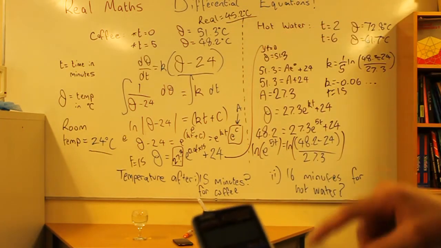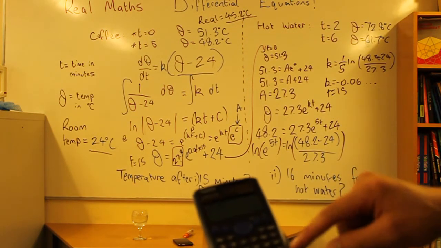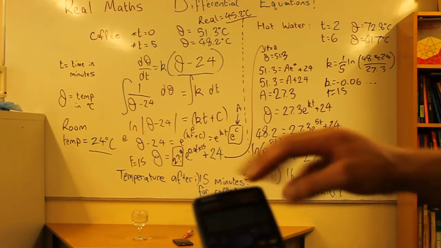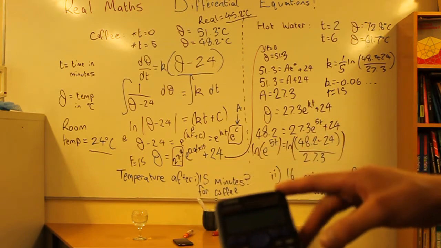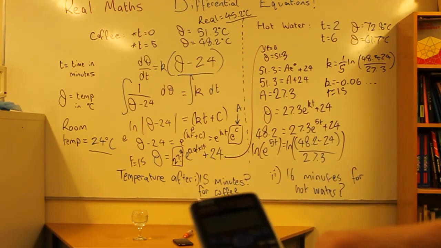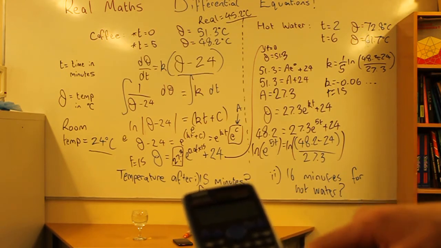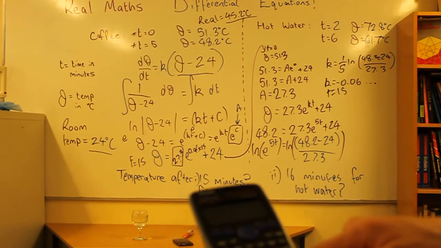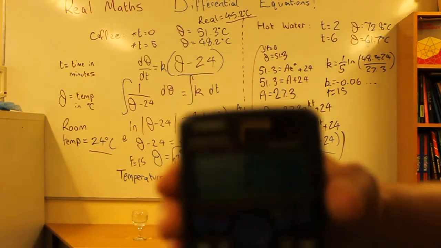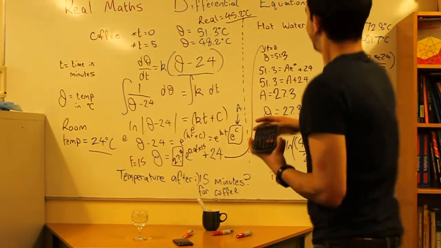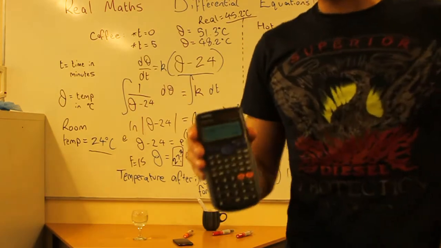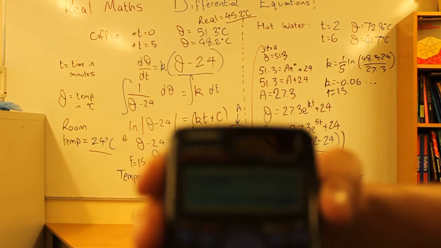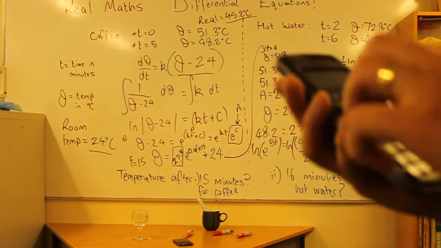For theta, 27.3 times by e to the power of 0.06 times 15, okay, plus 24. Not going to press it yet. What we're expecting, what we're hoping for, is 45.2 or somewhere around 45.2. Fingers crossed. No. What's gone wrong? What has gone wrong?